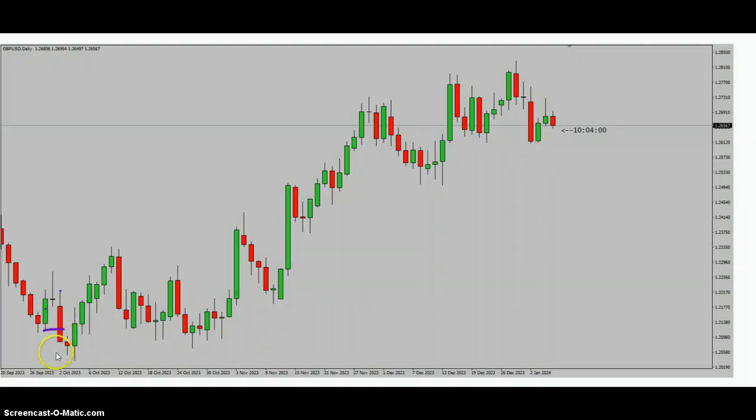I did not consider this one because it's not a major candle. This is a major candle. So right at the time when this candle closes, you can confirm that the micro trend is downward.